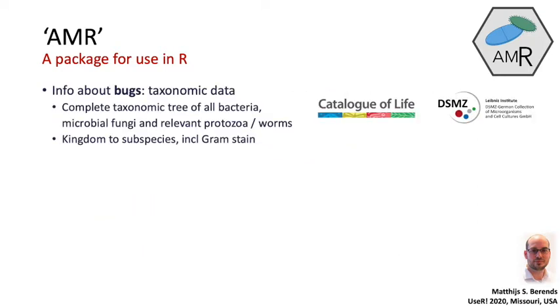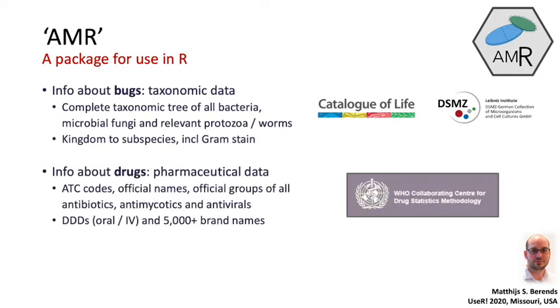So we included information about bugs, taxonomic data from the Catalogue of Life, which is a very authoritative source for taxonomy, and we included every detail of the taxonomy from kingdom to subspecies, including gram stain. We also included information about drugs, pharmaceutical data like ATC codes, official names, official groups, and antibiotics, antimycotics, and antivirals.